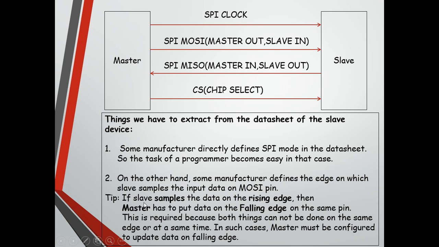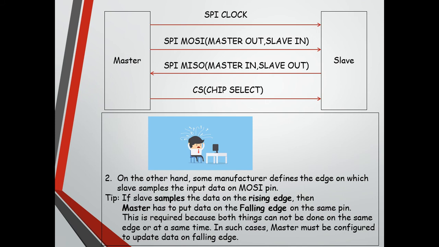In this example the slave is sampling the data on the rising edge, so the master compulsorily has to put the data on the falling edge, because both things cannot be done at the same time. This sounds confusing, so we will go through the timing diagram to understand this concept very easily.